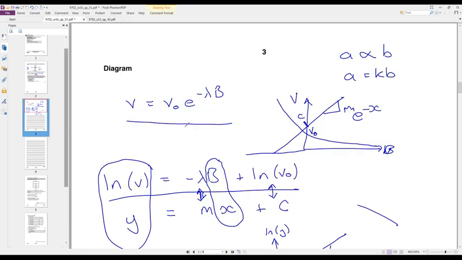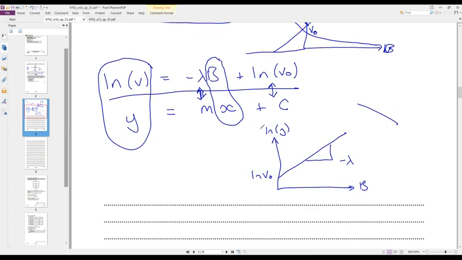And so what you can say is, if we plot log of v against B, our relationship is valid, provided we get a straight line. That's the idea. We're expecting a straight line, so if we don't get a straight line, we know there's something up.